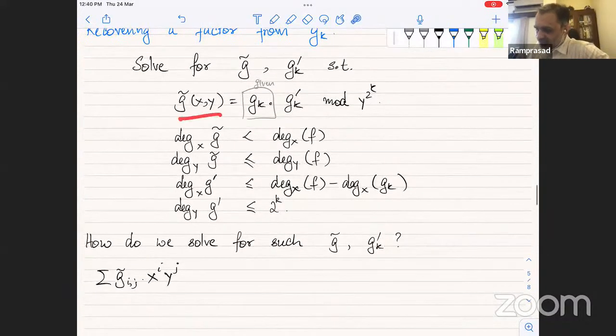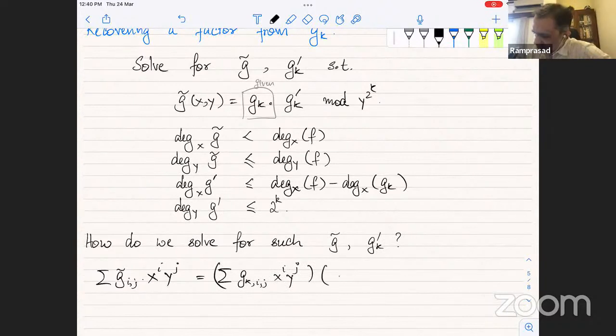So the left hand side is g tilde. I have no idea what these coefficients are supposed to be. But anyway, let's just write down. The left hand side looks like some polynomial expression of this sort. What's the right hand side? The right hand side is a summation. This is GK's coefficients, x bar i, y bar j. This is something that we know entirely.